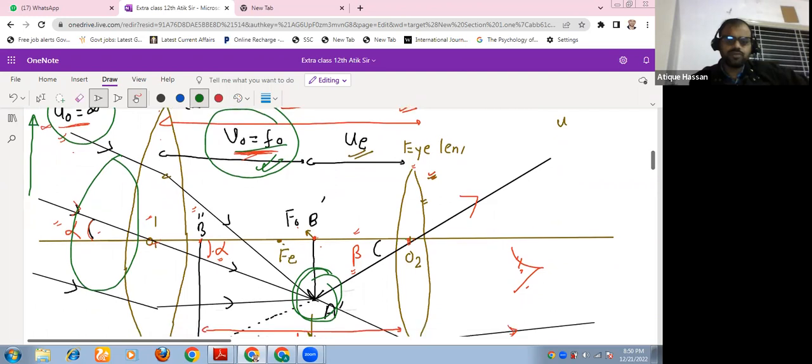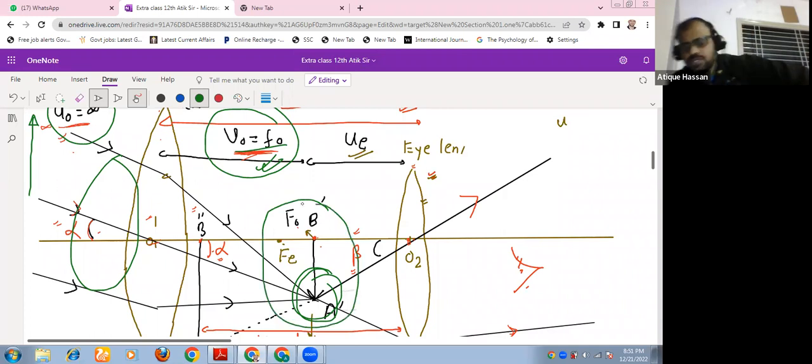So now we have taken the first image, or you can also say it's the intermediate image. So the intermediate image or first image formed by the objective is A dash B dash. Suppose the object is AB like this.